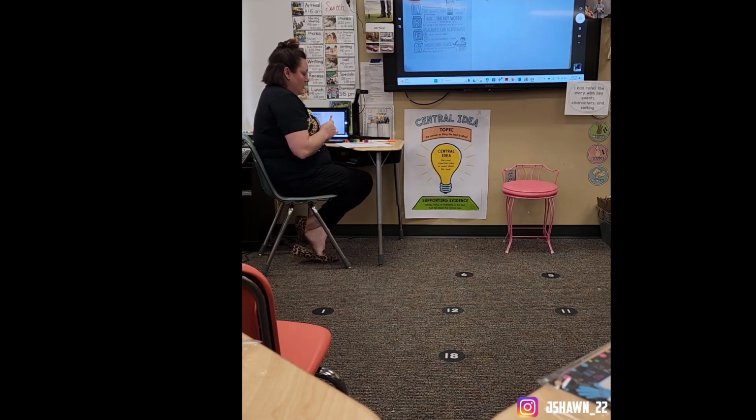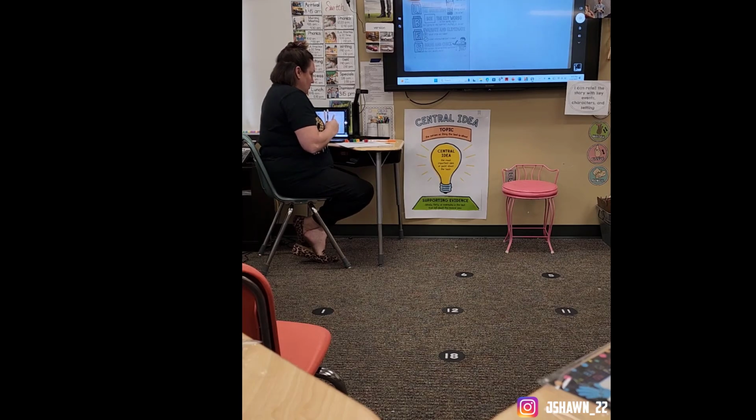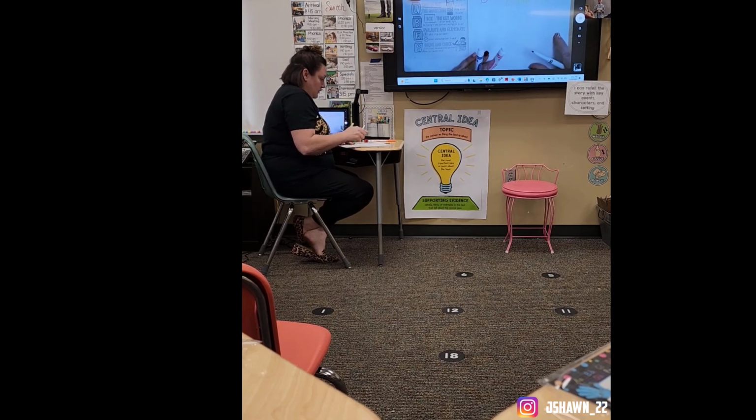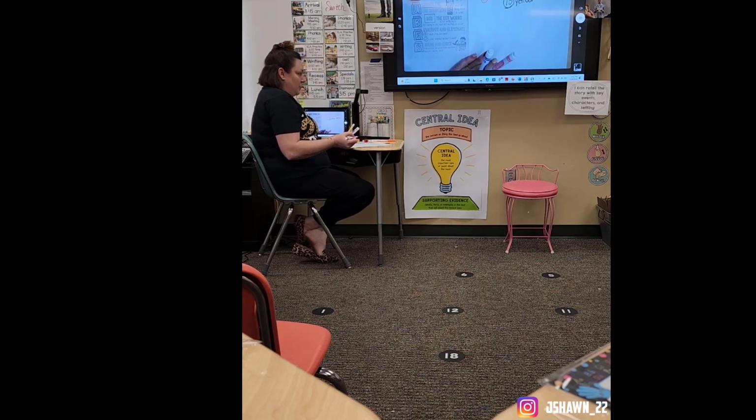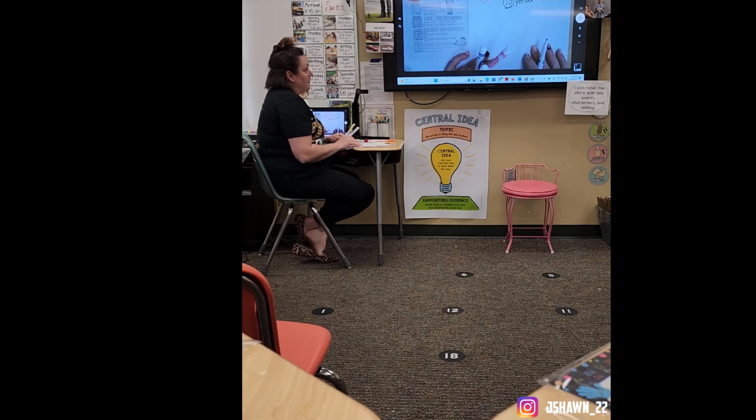What do I know? Well, I know that Sophie has 4 pink dresses, so we're going to circle that. Yellow is so hard to see. Sophie has 4 pink dresses and 13 yellow dresses, and we're going to circle the number 13. So that's what we know. The numbers that we know are 4 and 13.